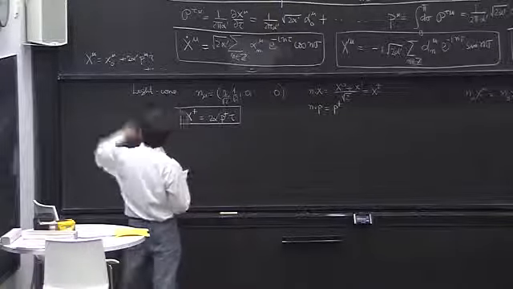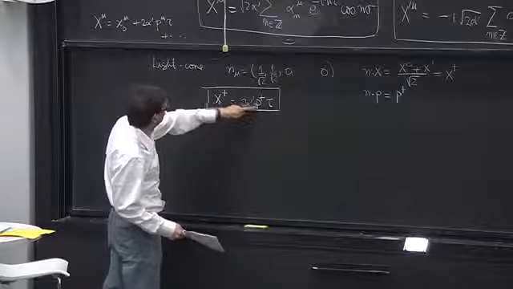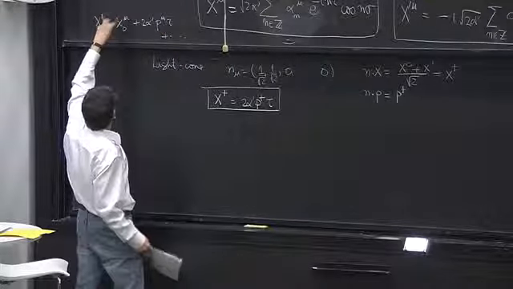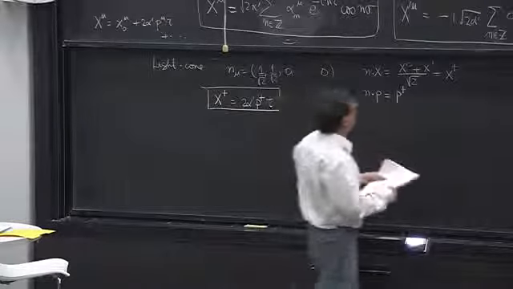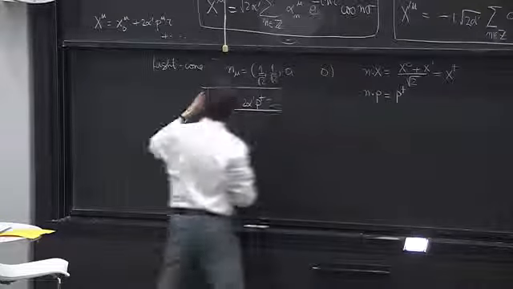And look, x plus is equal to 2 alpha prime p plus tau. So it's of the general form of this solution, but assumes that x0 plus is 0 and that all the alpha n pluses are 0. That's our light cone gauge condition.